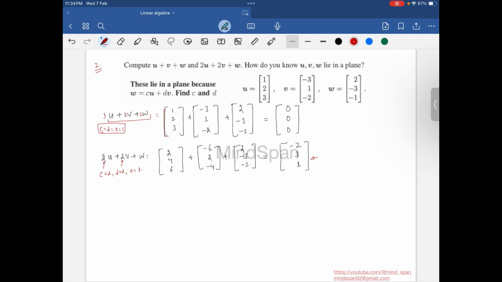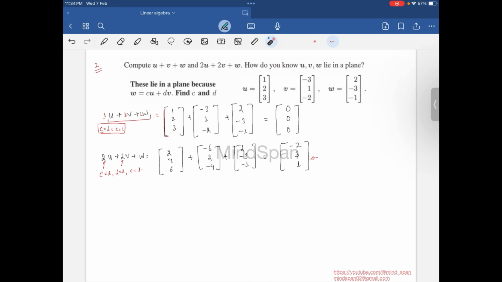So how do you know that this u, v and w lie in a plane? So we have given these 3 vectors, and what I can say is, if these 3 vectors are lying on a plane in a 3-dimensional space, then there would be a vector that is a linear combination of some other 2 vectors, right?